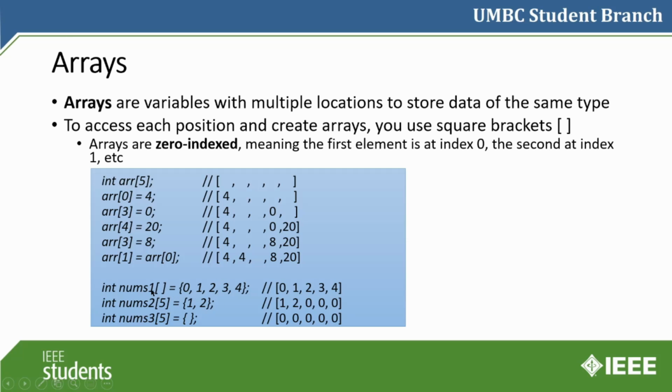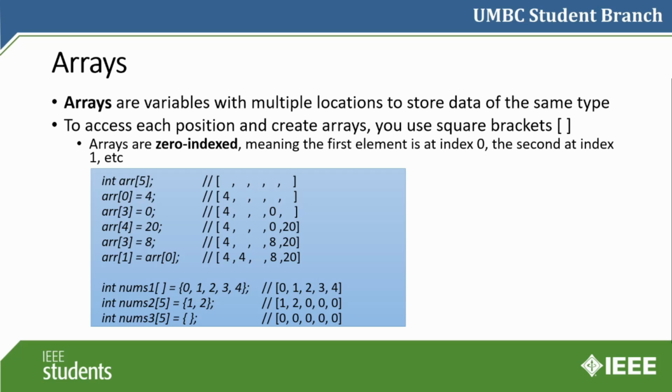Up first, we have an array literal value, which would create an array of 5 numbers depicted right here into the variable nums1, which would be how we would represent it. And this would be the equivalent as if we had put a 5 here to declare the length of the array. However, because it just has the literal value, that is unnecessary.